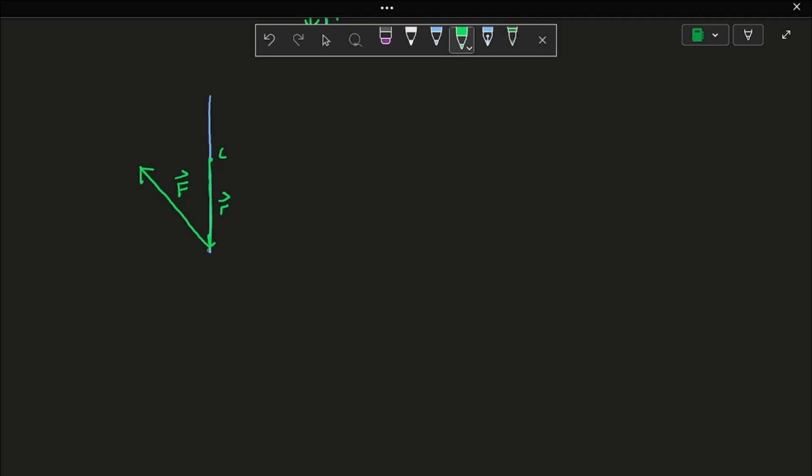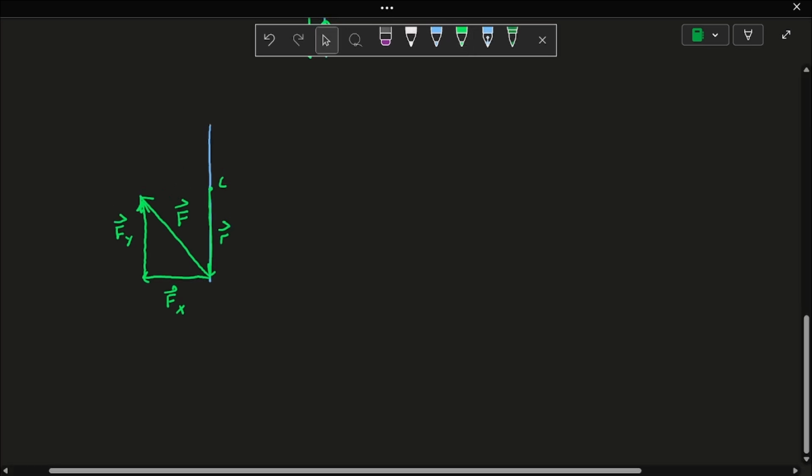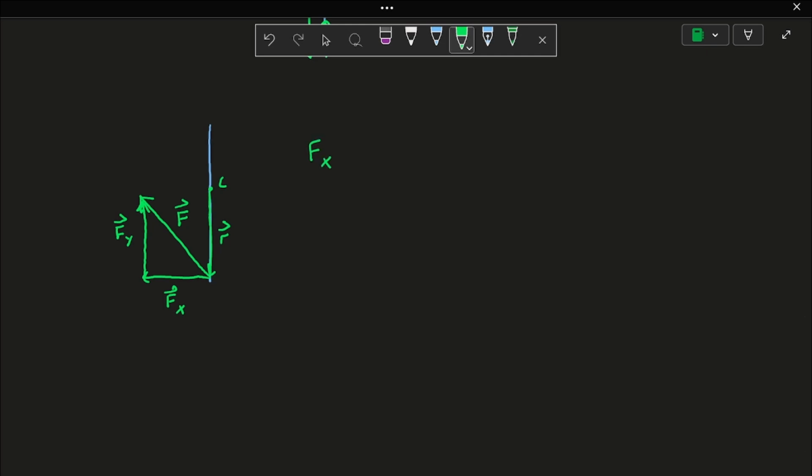So visually, what that kind of looks like is one vector here, we'll call that Fx, and one vector here, we'll call that Fy. So Fx is going to be our rotational component in this case, and Fy is going to be our translational component. So, let's start calculating that, shall we? So we know Fx is going to be rotational, so we then know we can apply this equation that we derived earlier.